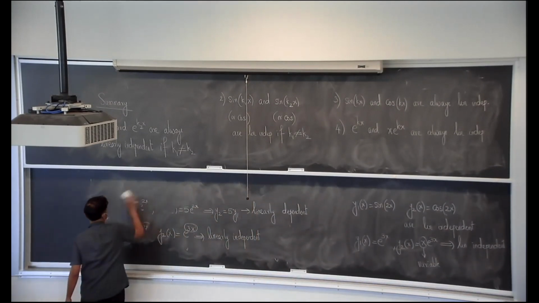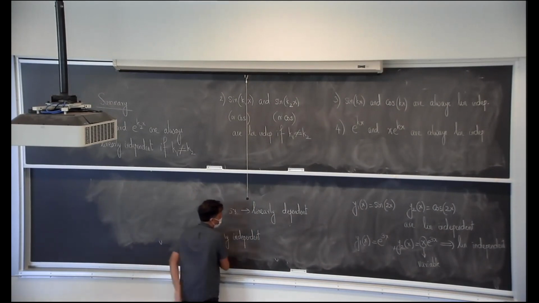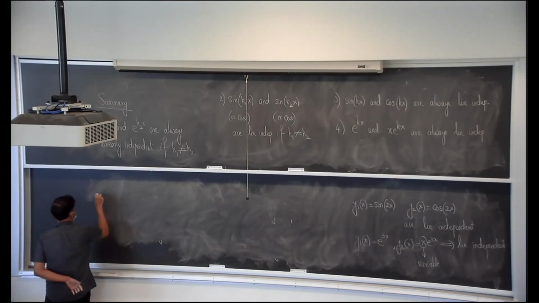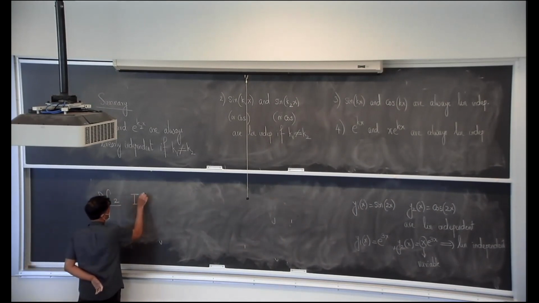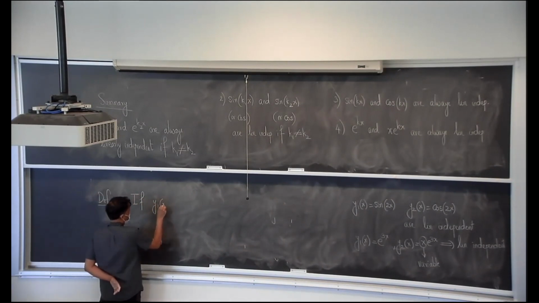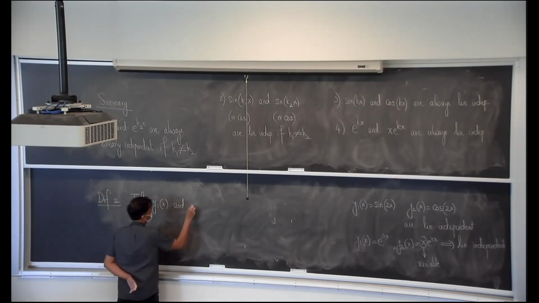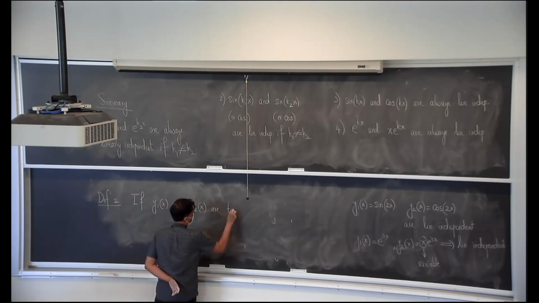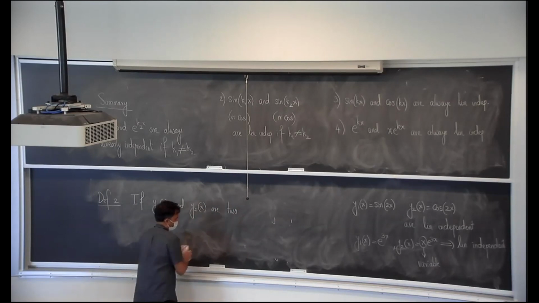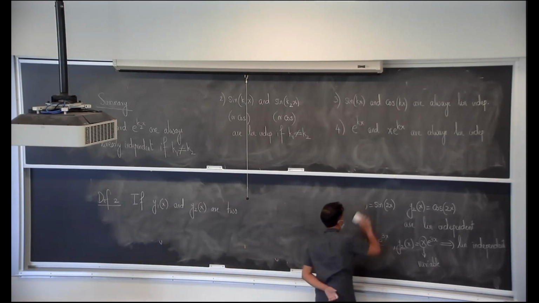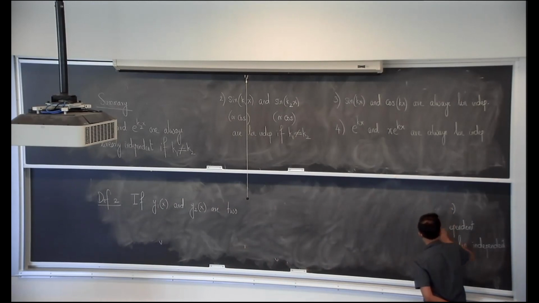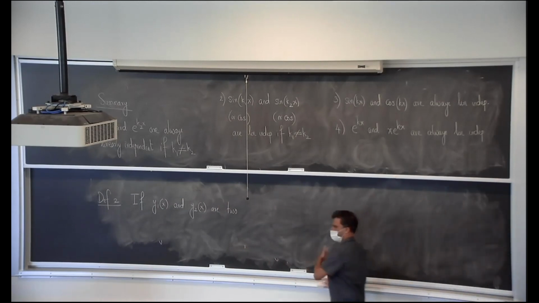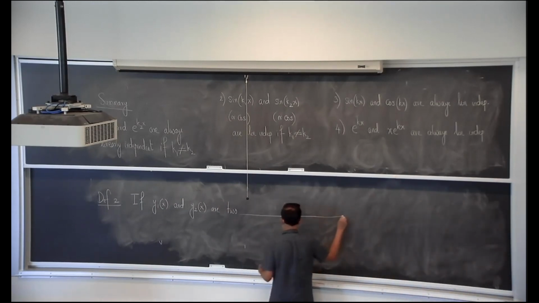Definition number 2. This one is super important. If y1 of x and y2 of x are two, I'm going to put a blank here. I'll let you fill it up a little later.